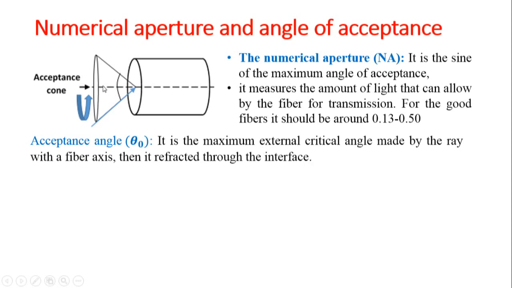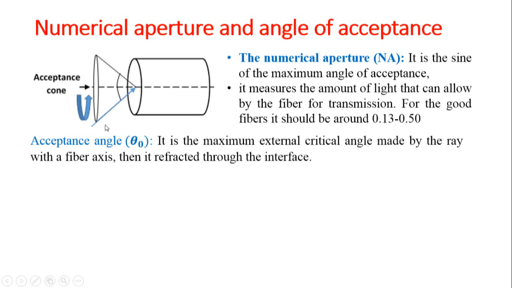See, if light enters a fiber from a source of light, such as LEDs or lasers, it will be refracted into the fiber through an interface. So this is an angle.